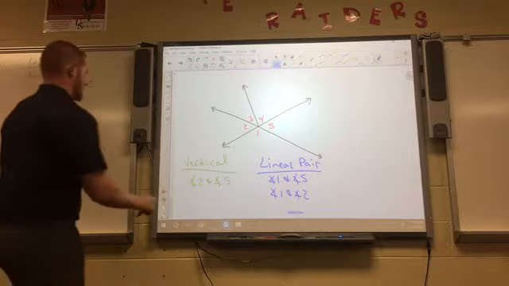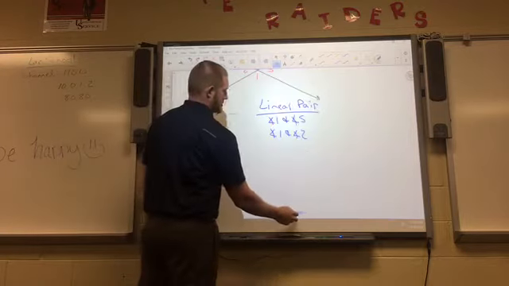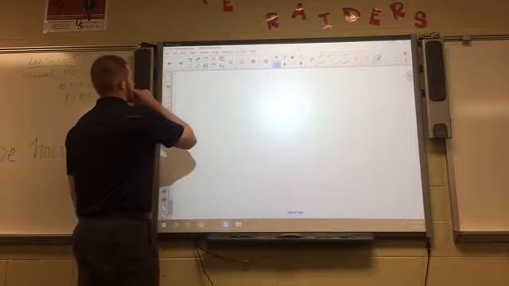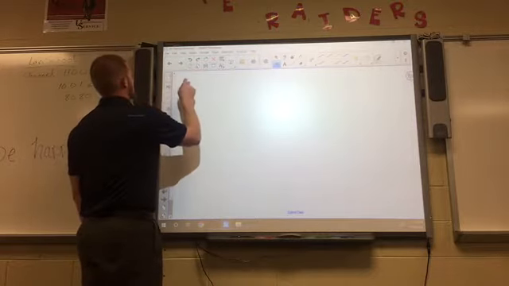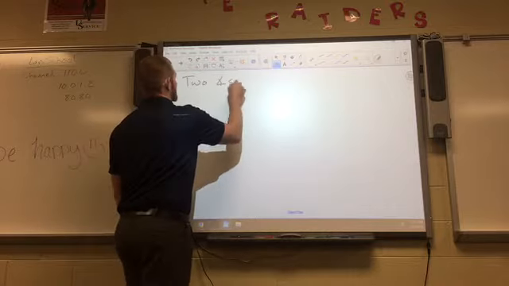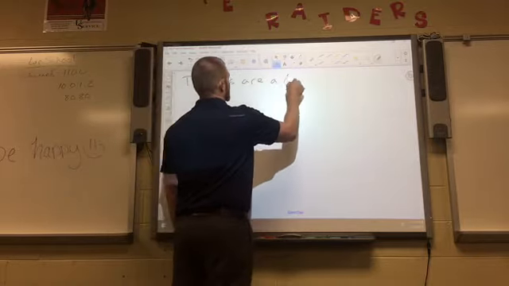One more example, and this is an example that sometimes confuses people. I gotta think how they word the problem. 2 angles are a linear pair.